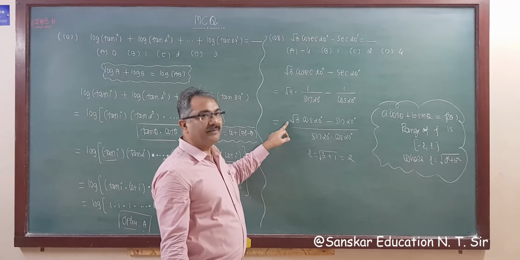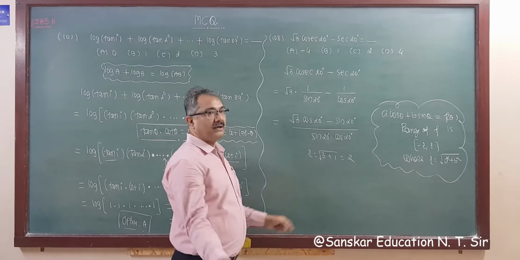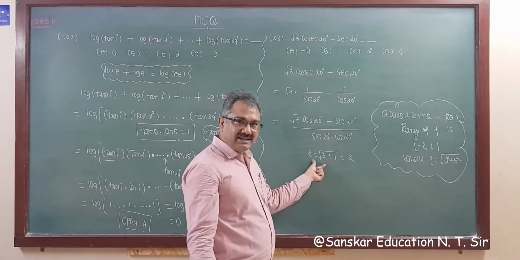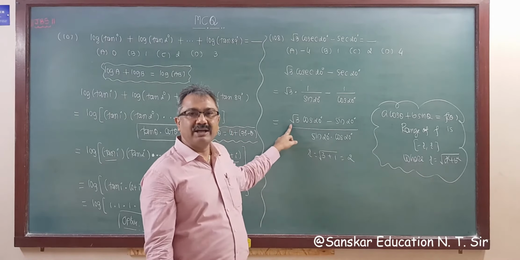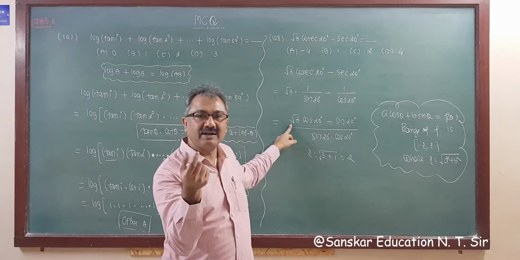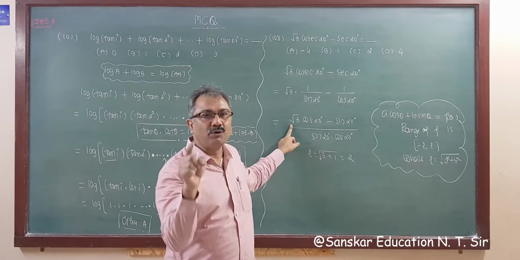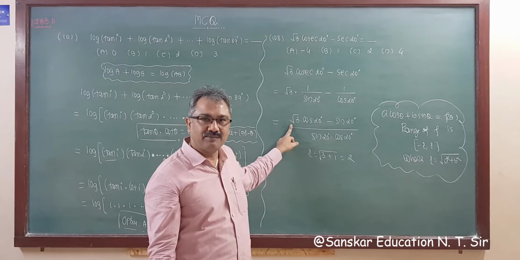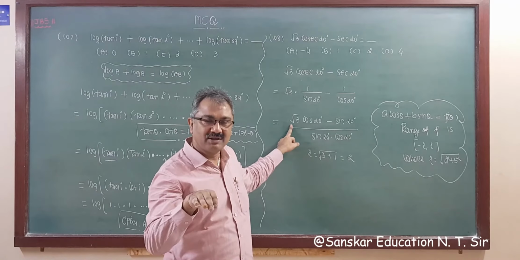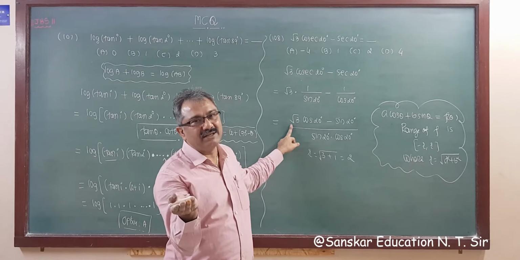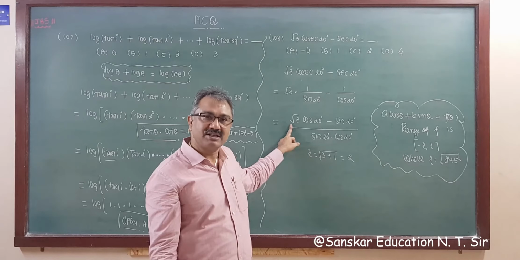So dividing and multiplying by 2 here. Otherwise, if you don't want to use this concept, then for √3 you have to take a known value of angle: √3 by 2 is a known value, for both sine and cos, right? Sine 60 is √3 by 2 and cos 30 is √3 by 2.